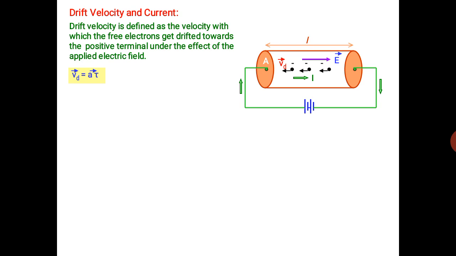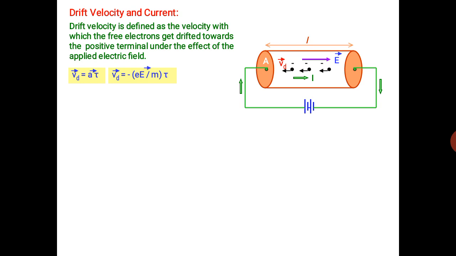Now we already know what acceleration is. Acceleration means force per unit mass, and force means charge into field.